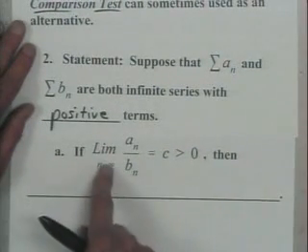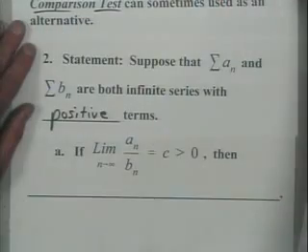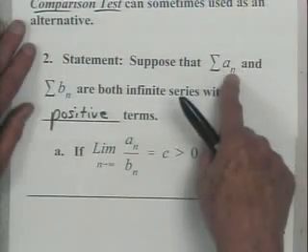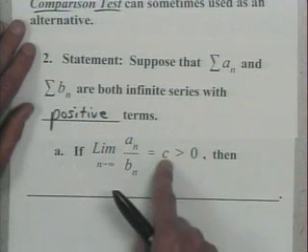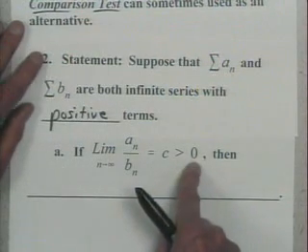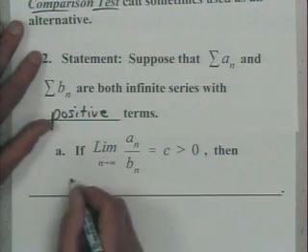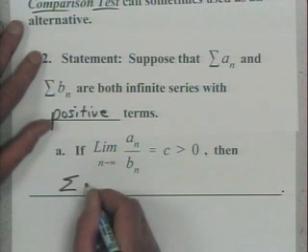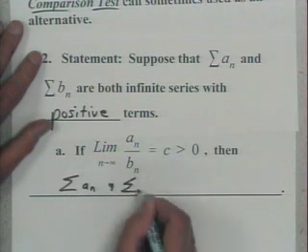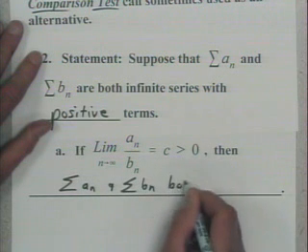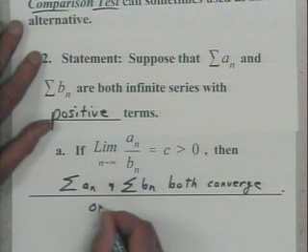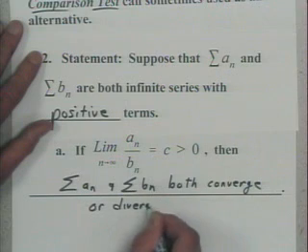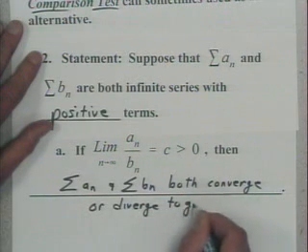Okay, it says if you take the limit of the nth term of the first series divided by the nth term of the second series, and you get a number that's bigger than 0, then the series a sub n and the series b sub n both converge or diverge together.